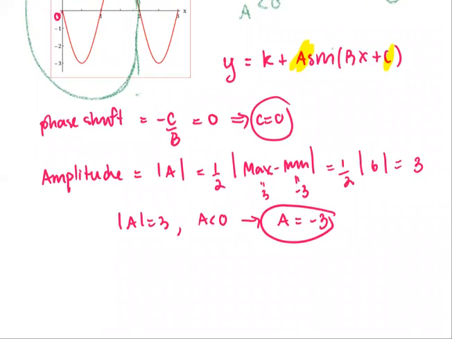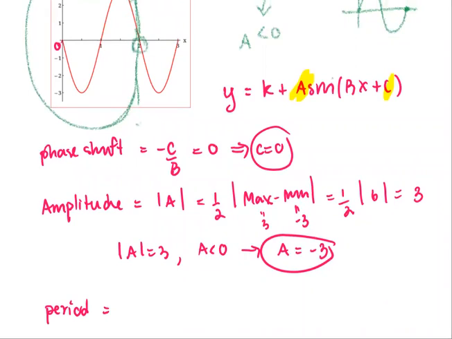The next part, we're going to look at the period. For one complete cycle, the period is the right end minus the left end. I'm going to mark this as one cycle, or this is the length of the period. So the period equals the right end, which is 2, minus the left end, which is 0, so period equals 2.